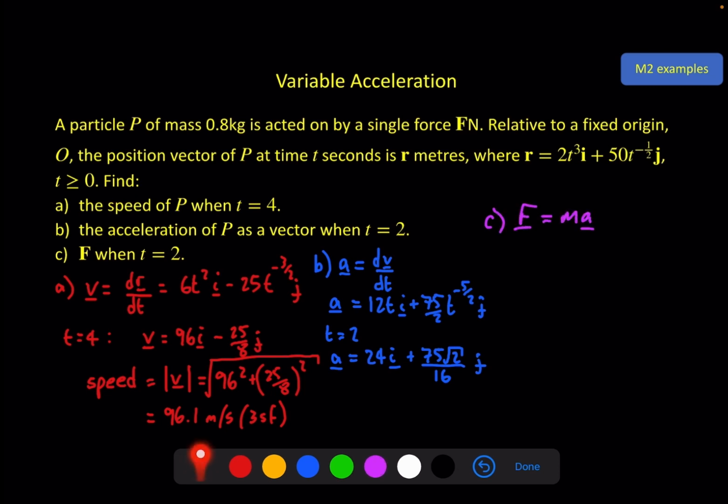We have the acceleration when t is equal to 2, so I just times this by the mass, 0.8. Which gives me 96 over 5 i plus 15 root 2 over 4 j in ij notation.